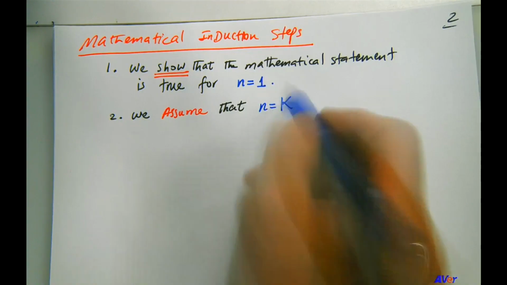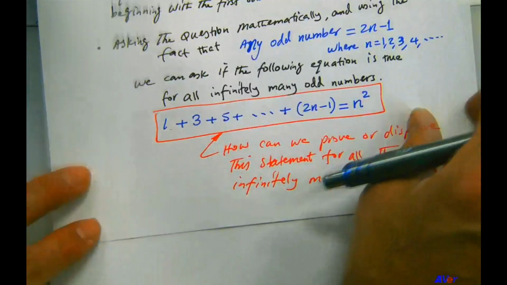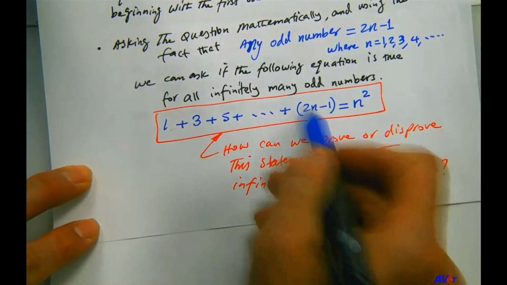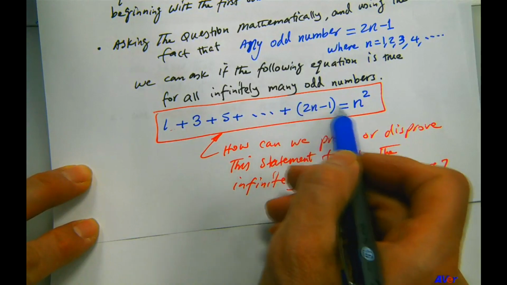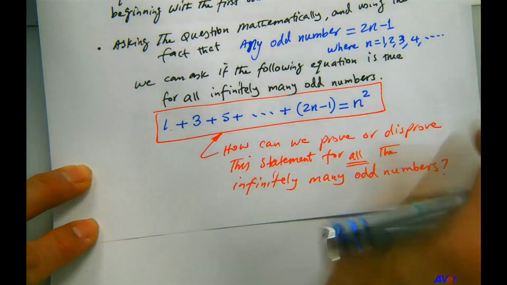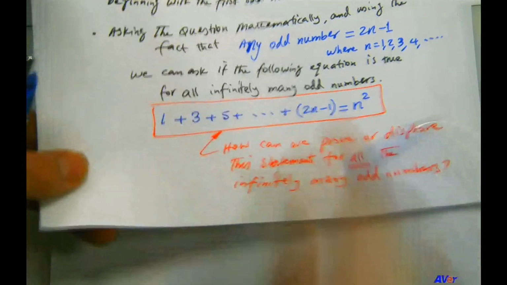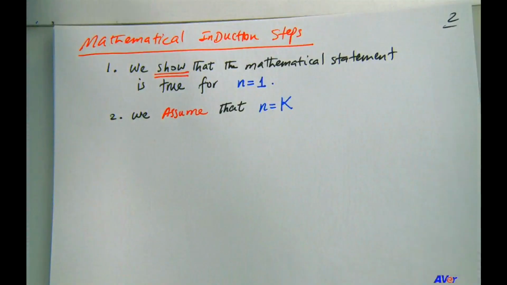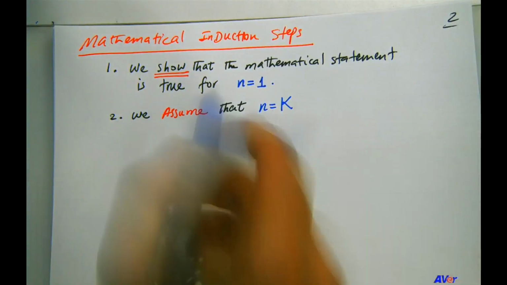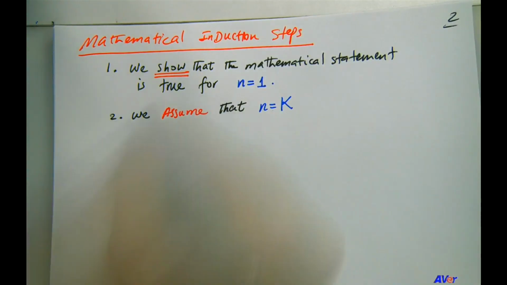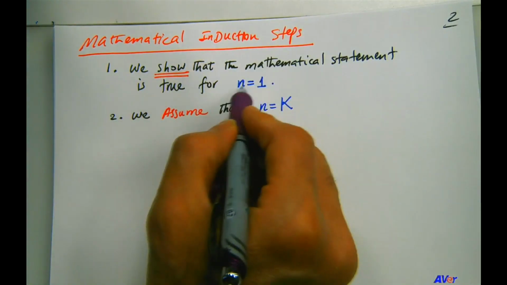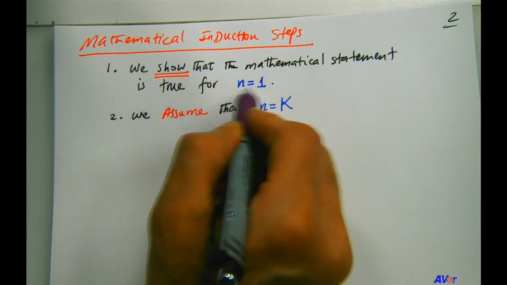But we'll substitute in an equation like this with the variable k. So instead of 2n, it'll be 2k minus 1 equals k squared, and so on. We'll show that the equation would work for a variable like k. And well, not show, but assume. We show that the mathematical statement is true for n equals 1.